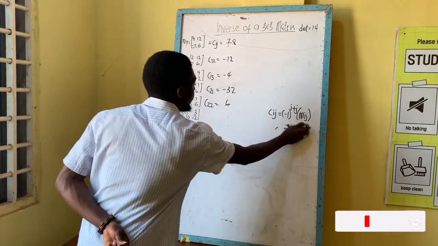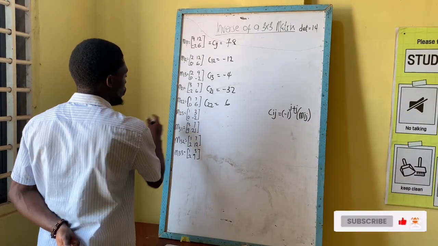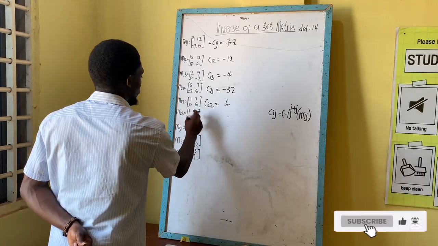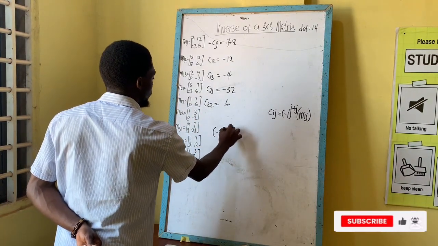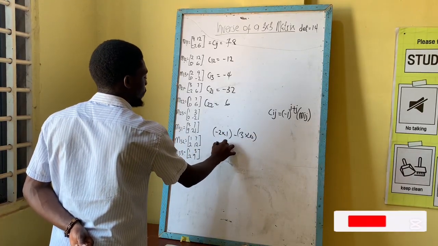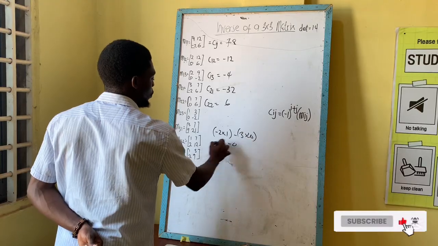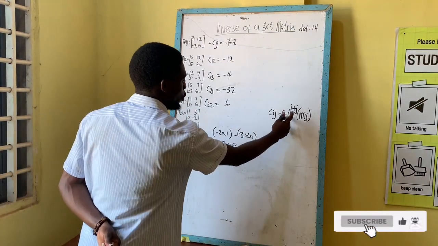Now cofactor 2 3. I hope you are getting what I'm doing. Multiply the principal diagonal, which is -2 times 1, minus 3 times 0. So we have -2 minus 0. So our determinant for 2 3 is -2. You insert it here.